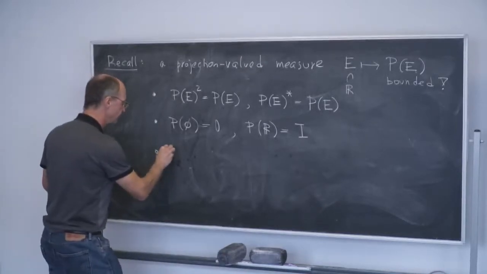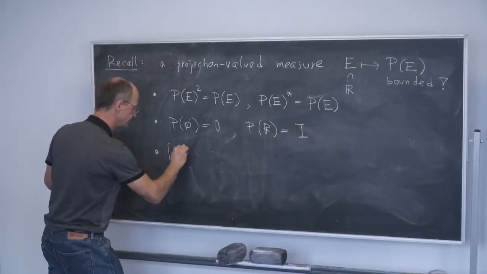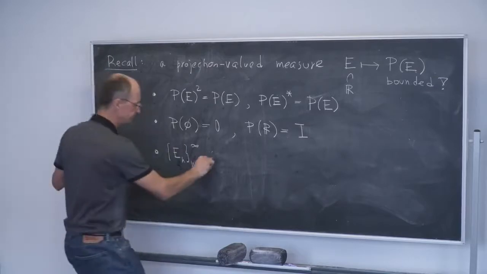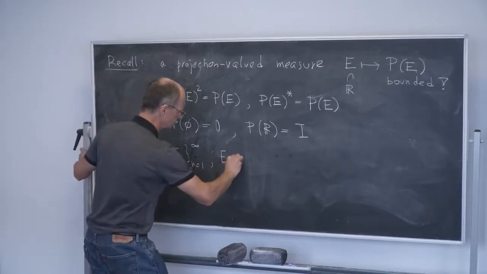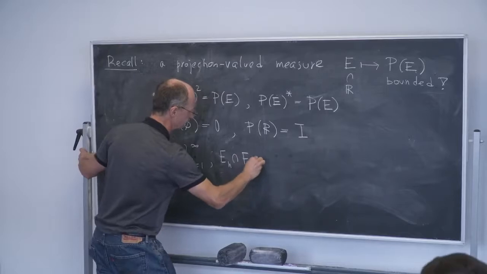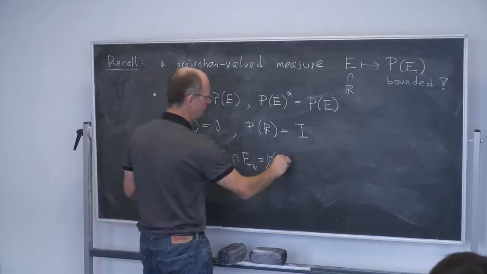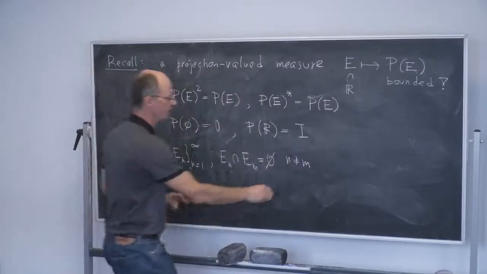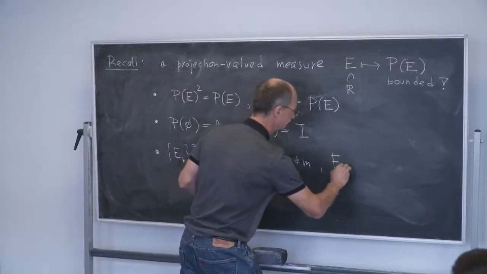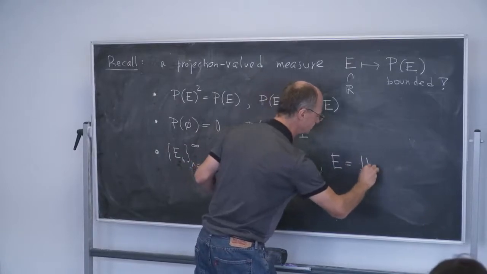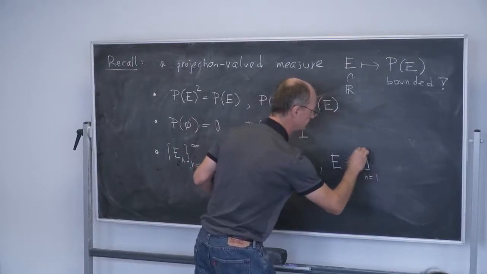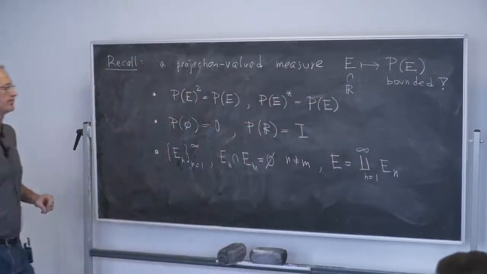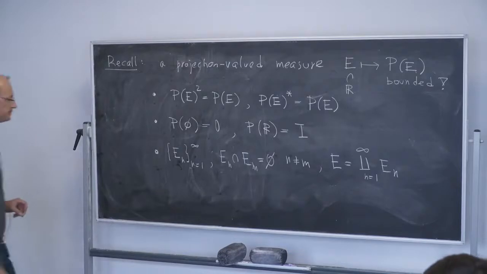And suppose you have an infinite family. So the elements of this infinite family are disjoint, and we denote by E the union, the infinite union of those sets.